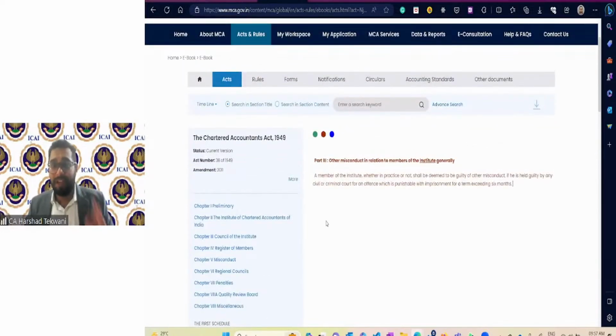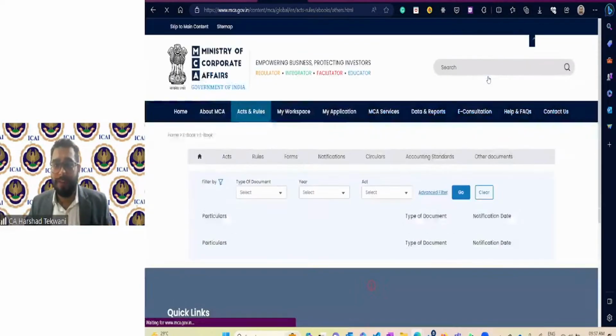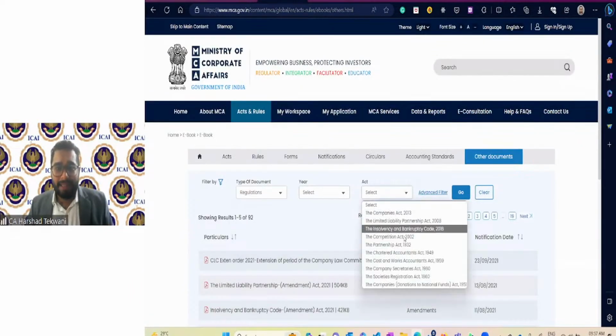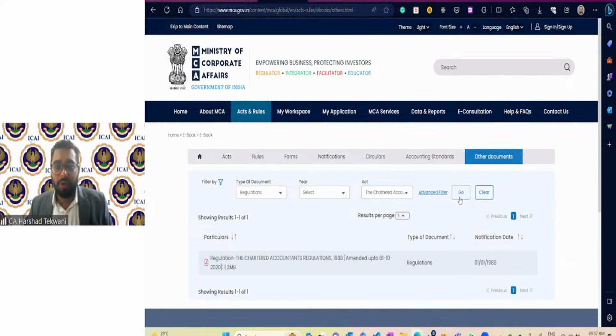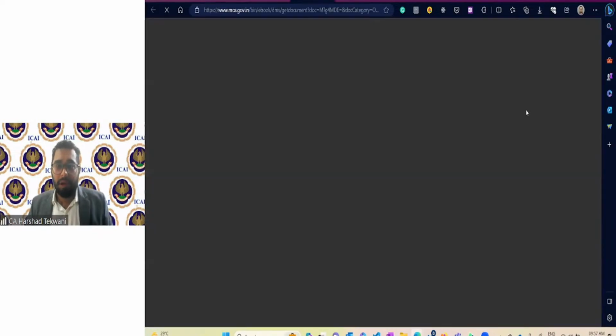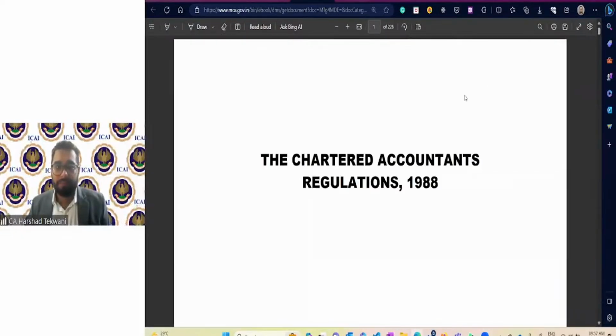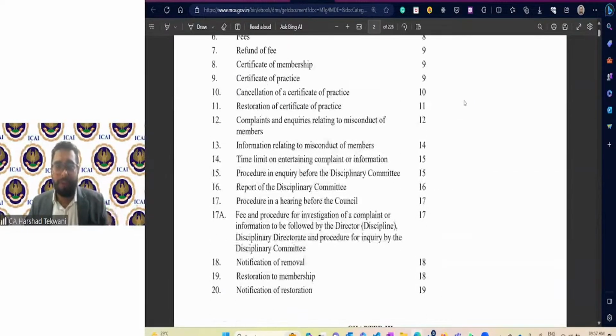If you want to access the Chartered Accountants Regulations, go to other documents, select regulations in Act, select Chartered Accountants Act, go, and you will get the regulations amended up to 110/2020. If you open the file, you will have the whole regulations. You can refer to these regulations.